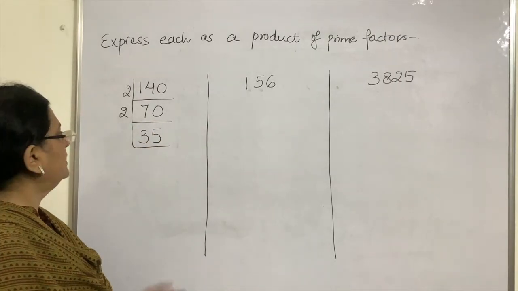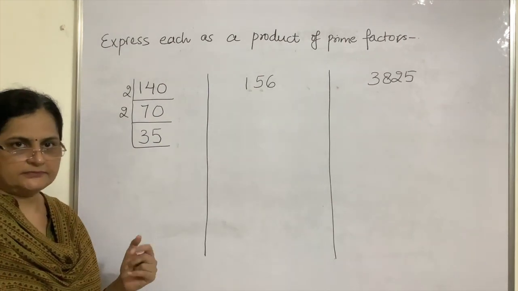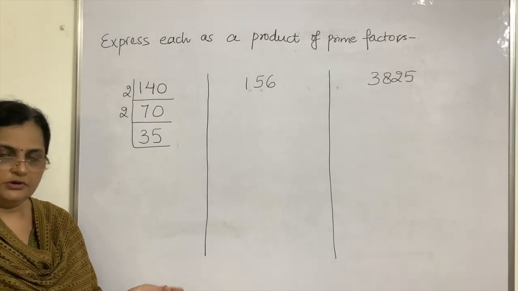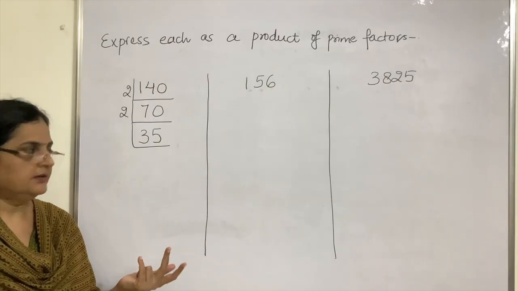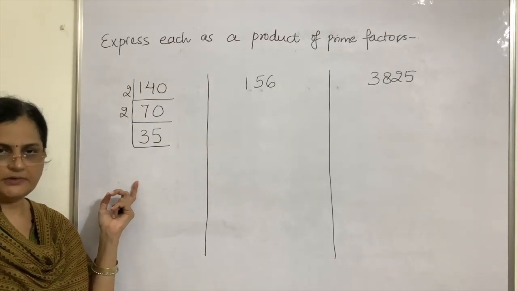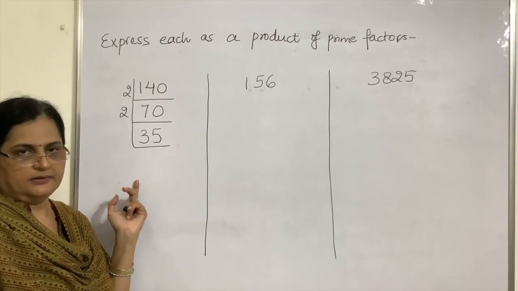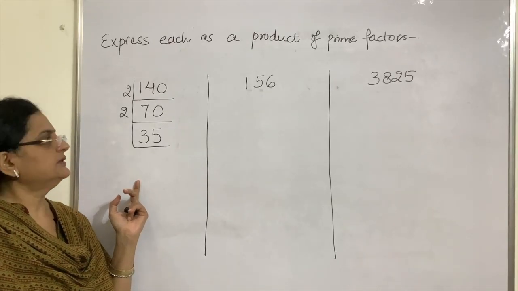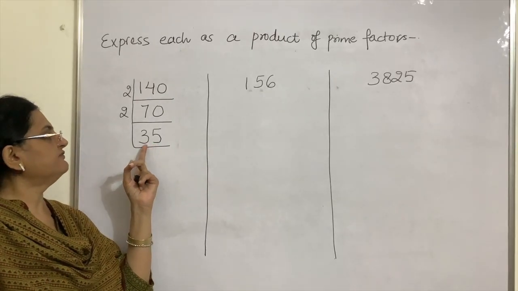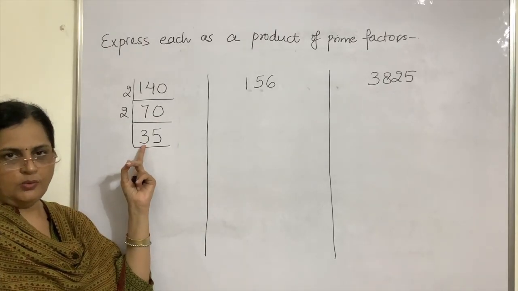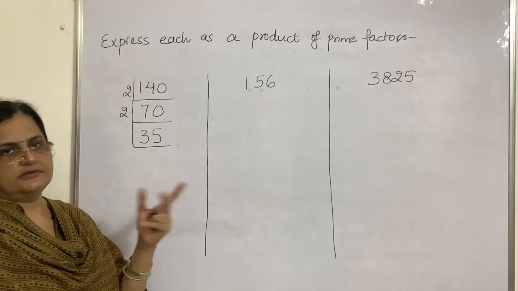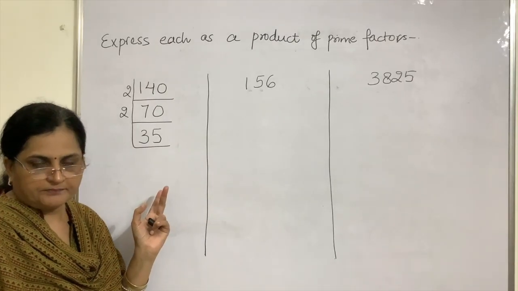Again, now it is an odd number, cannot be divided by 2. What is the next prime number that comes into our mind? 3. Is it divisible by 3? How to check for divisibility by 3? Most of you know it. Add both these numbers. 5 plus 3, 8. Is 8 divisible by 3? No. That means this number is not divisible by 3.